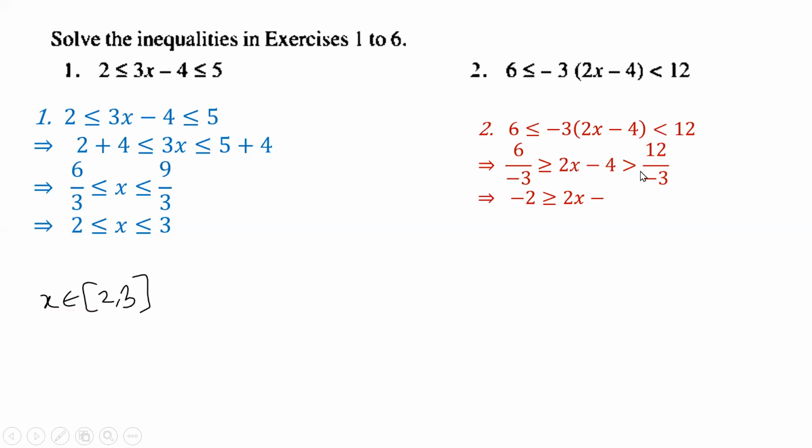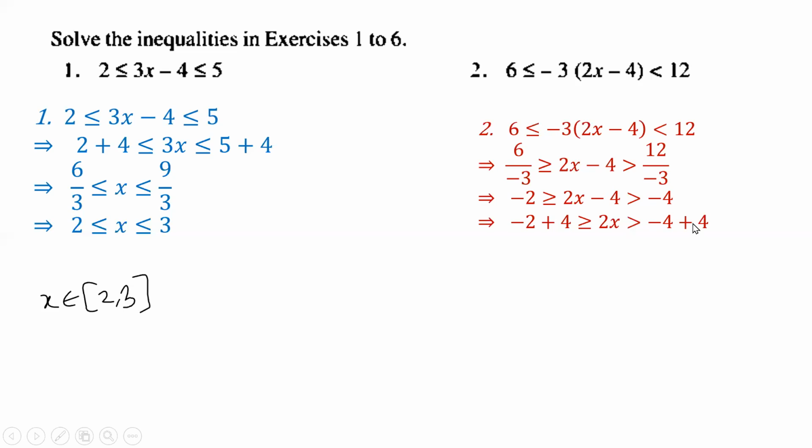Now, minus 2 greater than or equal to 2x minus 4 greater than minus 4. Now add 4 to both sides of this inequality. So minus 2 plus 4 greater than or equal to 2x, since minus 4 plus 4 is 0, so I'm only writing 2x. I'm not writing this left portion. Then greater than minus 4 plus 4.